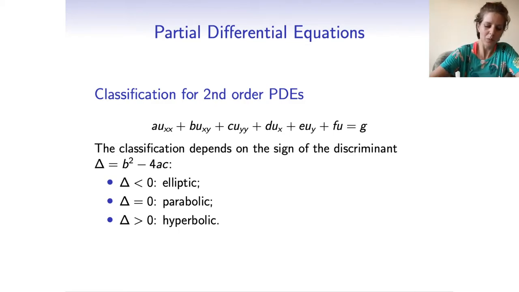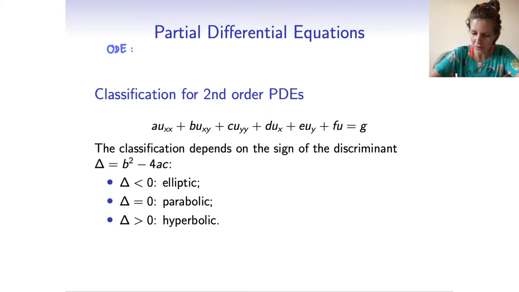So until now we just studied ordinary differential equations, in which we have ordinary derivatives, which means that we have some total derivative, and therefore we have only one variable.